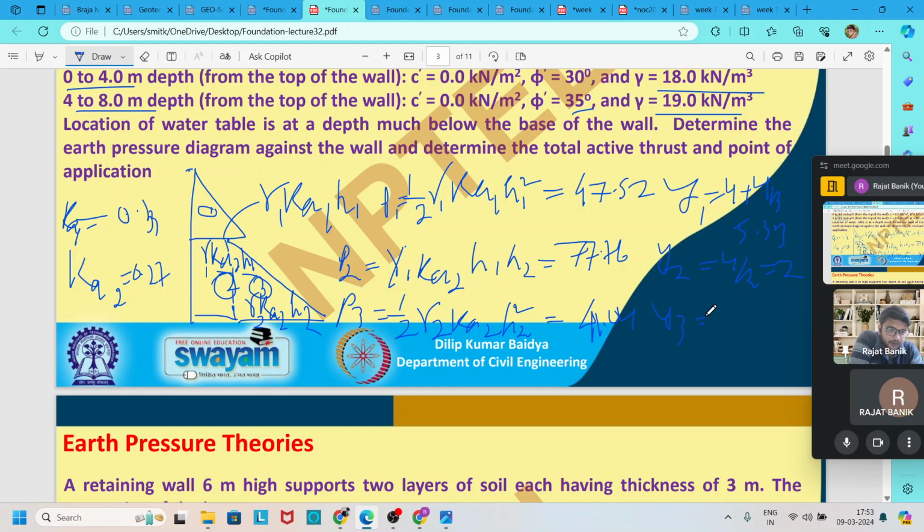Y3 is H2 by 3, that is 4 by 3. It becomes 1.67, or sorry, 1.33.